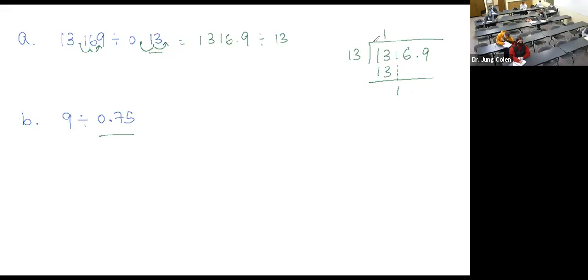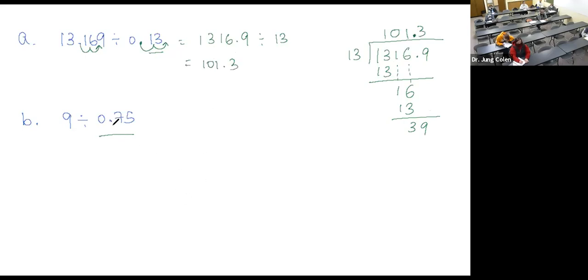That is not enough to put 13 there, so drop down another digit, 16. And you have 13 times 1, 13, and subtract that from 13. So 39, and you get 3. Where is the decimal point? Right here. So the answer here is 101.3.